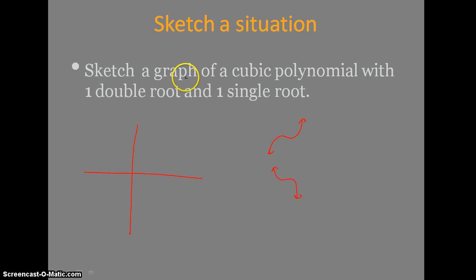And I am not telling you what the coefficient is, so either one of those possibilities would be okay with me. So I'm going to choose the positive leading coefficient one. Okay. And so we want 1 double root and 1 single root. So there's a single root, and there's a double root, and it looks cubic, has 3 total roots, and we can definitely sketch that situation.